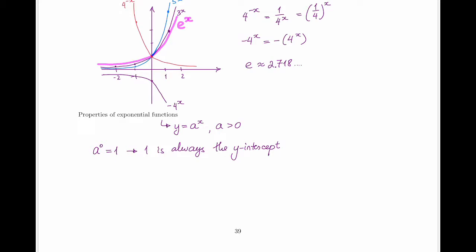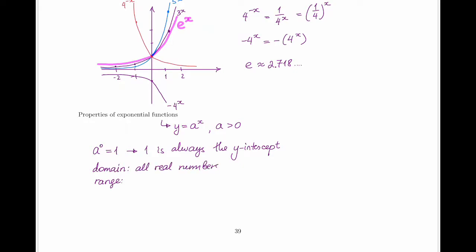The other thing that we can talk about here is the domain and range. So what are the possible x values and what are the possible y values? For the domain, we notice that we can plug in any number for x and it will give us a real number as the outcome. So the domain is all real numbers.